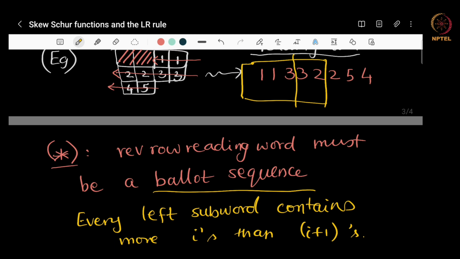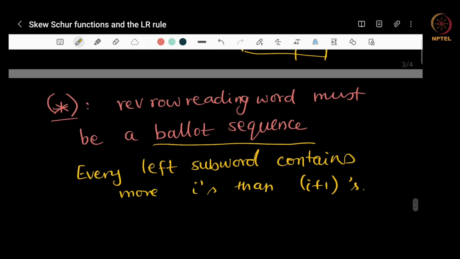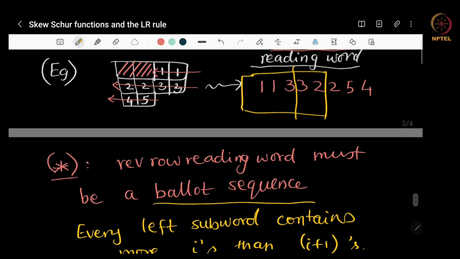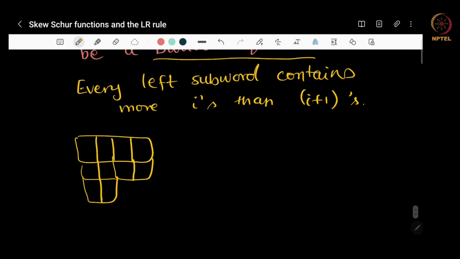Let us see an example of something which is in fact a ballot sequence. Let's redraw this quickly. I have 4 and 4, then 2 here. These are the two things that are part of mu where I'm not filling anything.